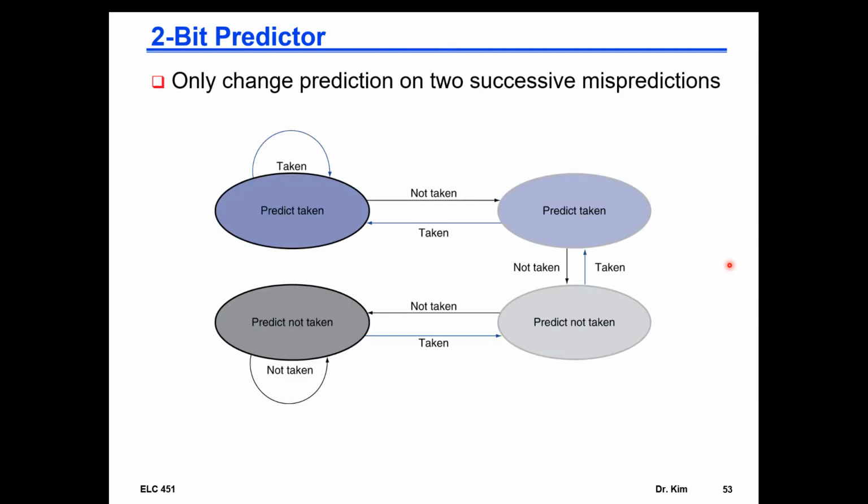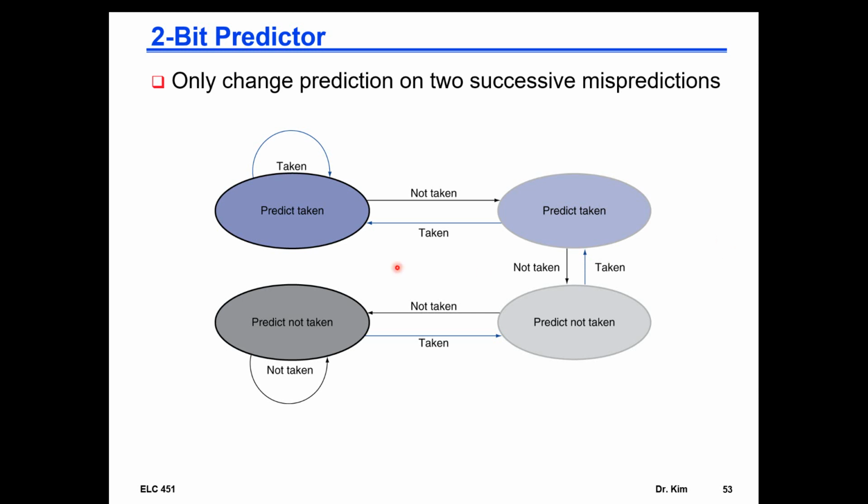So one way to solve that is to use a 2-bit predictor, which instead of having 2 states, as implied by the 1-bit predictor approach, we have 4 states, which is what we can afford with 2 bits. And here we're able to remember 2 consecutive outcomes.